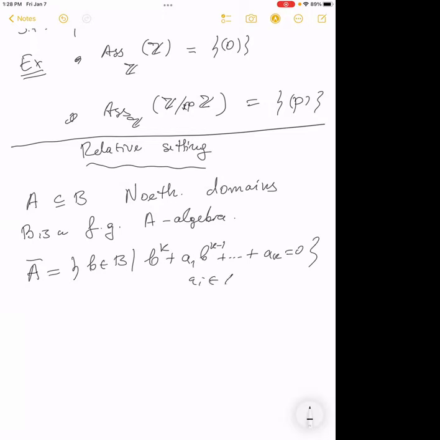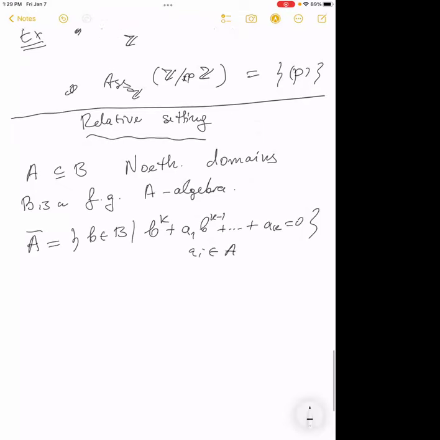Okay. So this is the relative setting. Instead of looking at an integral closure of A in its field of fractions, I'm looking at the integral closure of A in some extension algebra of A.